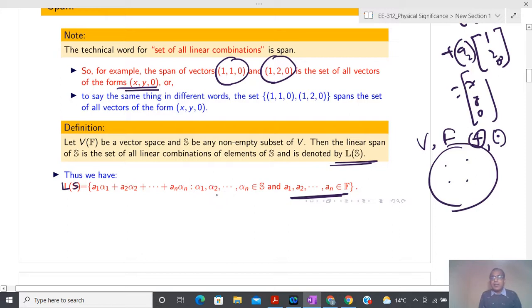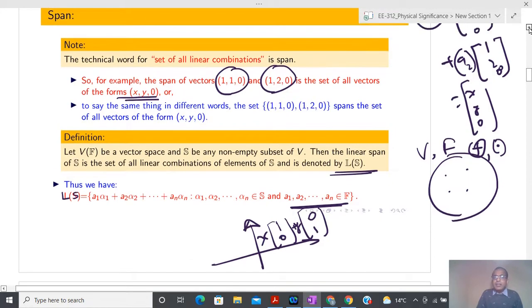the span. Okay, so if you take the example of two-dimensional space, then (1,0) and (0,1) are going to span the whole space, provided I select x and y as any arbitrary real numbers. In this way we are defining the span of a space.